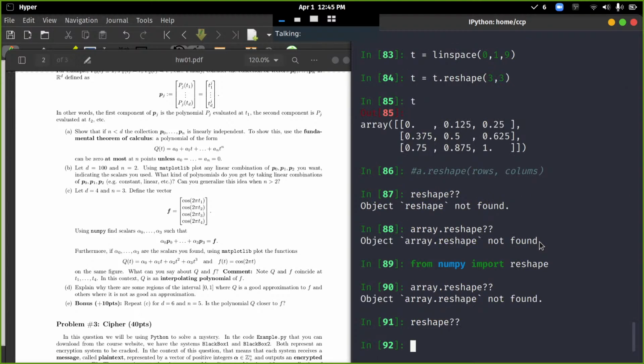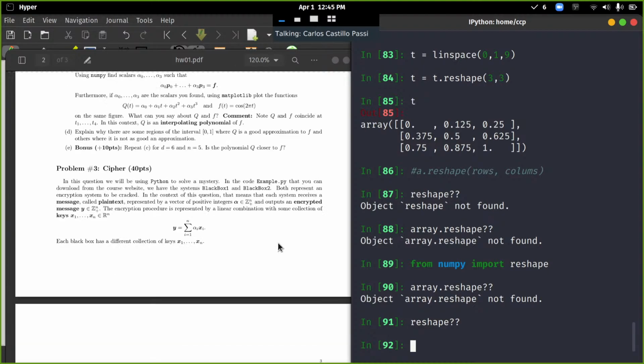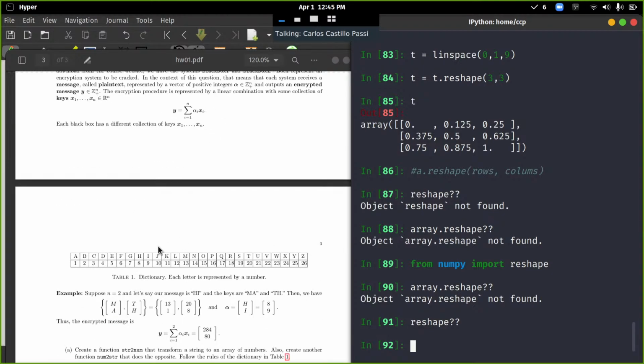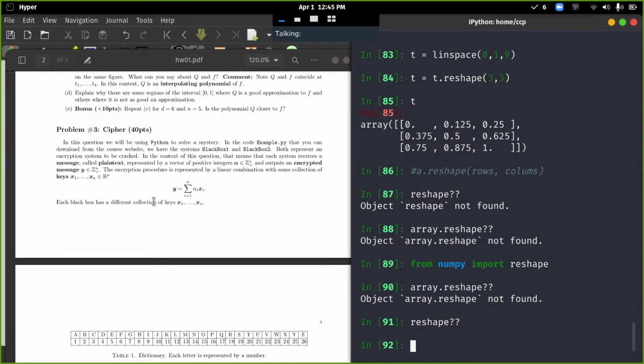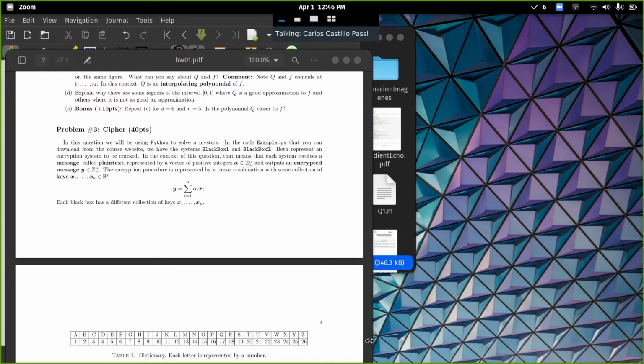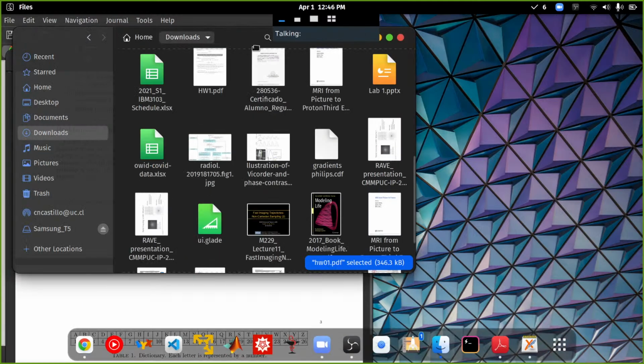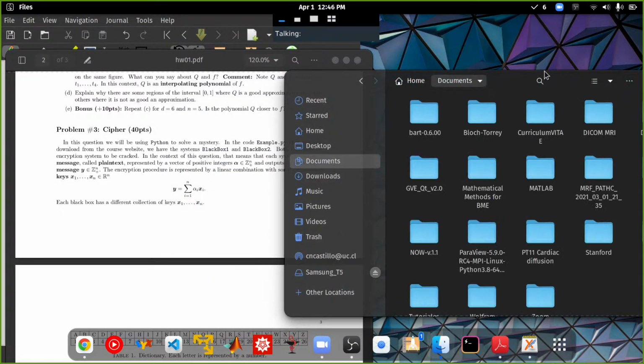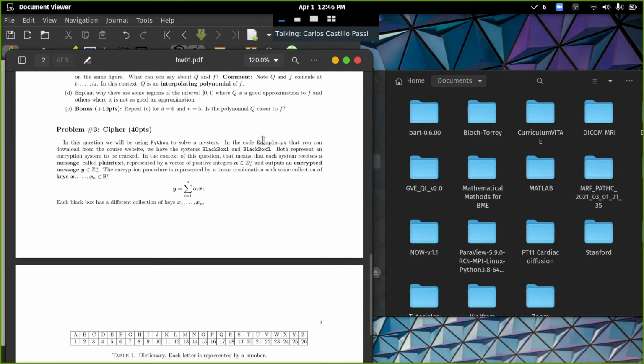Okay, so we have 5 minutes left, and for this question, that is the cipher, question number 3, you need to, first of all, download the code example.py.